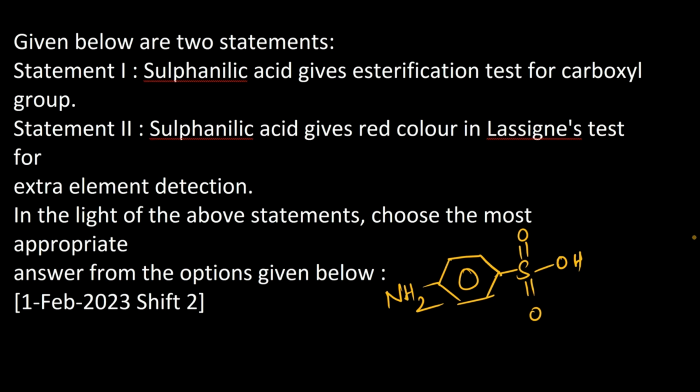It will not show any esterification test for carboxyl group, as it doesn't have any carboxylic group, and it gives red color with Lassaigne's test for extra element detection. The presence of both sulfur and nitrogen gives the Lassaigne's test. So statement 2 is correct. Statement 1 is incorrect.